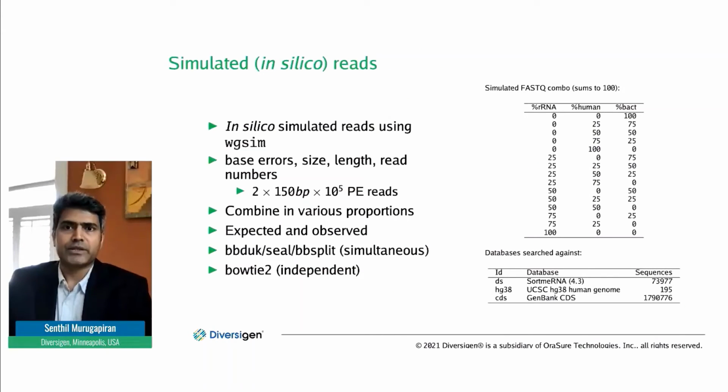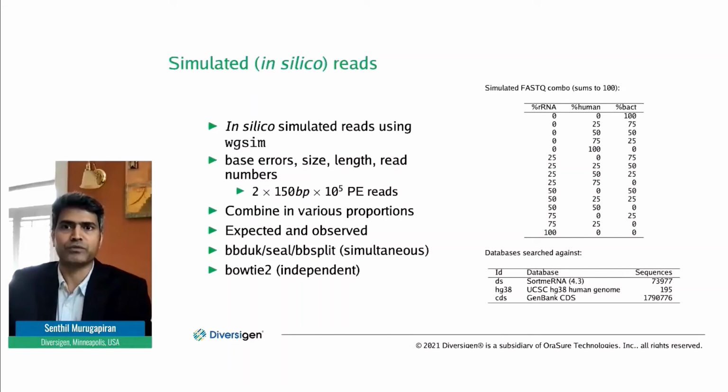To additionally ensure that the results we see are correct, I used simulated reads for which we know the ground truth. I generated these simulated reads from the 3 different databases shown on the right. These reads are either rRNA, human, or bacteria, and I combined them in various proportions to generate different FASTQ files.